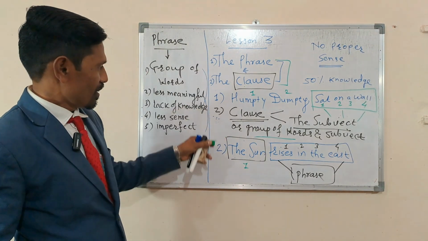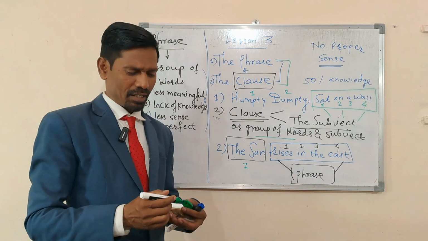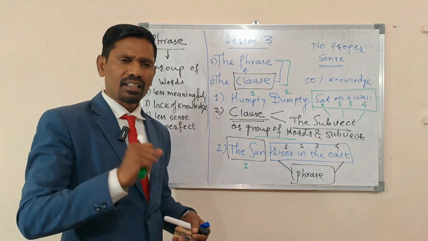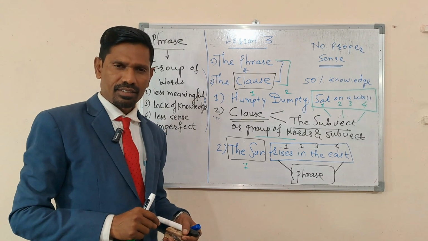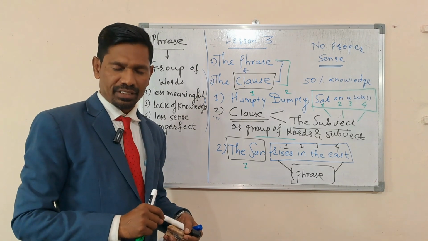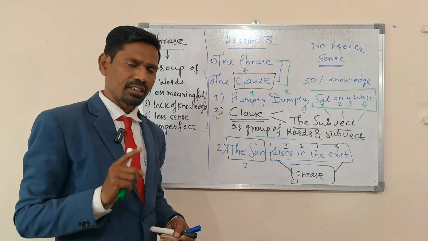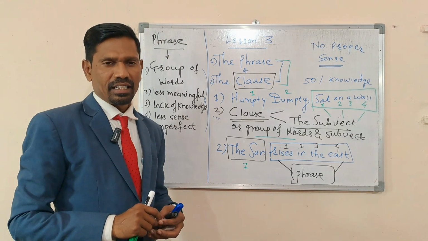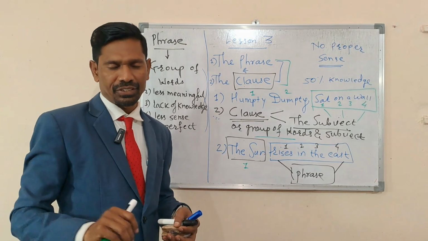So by taking any example, the doctor and the nurse treated the patient. Who treated the patient? The doctor and the nurse. It means two subjects are there. Treated the patient.